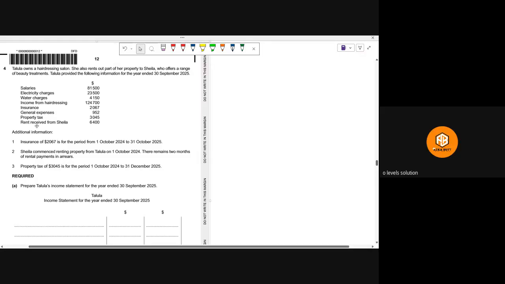As you can see, Sheila commenced renting property from Talula on 1st October 2024, and there remain 2 months of rental payments in arrears. So the 2 months payment is also a part of the income. So for the 2 months, first of all, we have to know what is the payment for the 1 month.